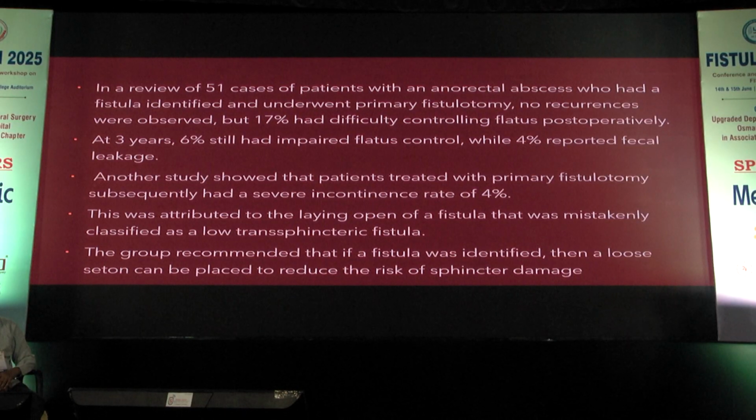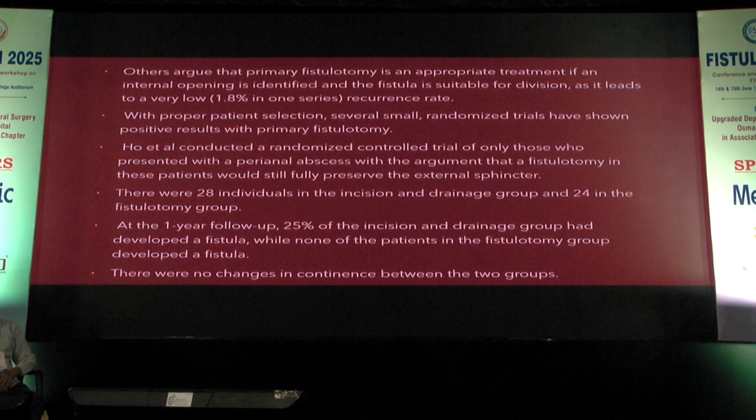This was attributed to laying open of a fistula that was mistakenly classified as low transsphincteric. This group recommended that if a fistula was identified, a loose seton can be placed to reduce the risk of sphincter damage. Others argued that primary fistulotomy is an appropriate treatment if an internal opening is identified and the fistula is suitable for division, as it leads to a very low recurrence rate.